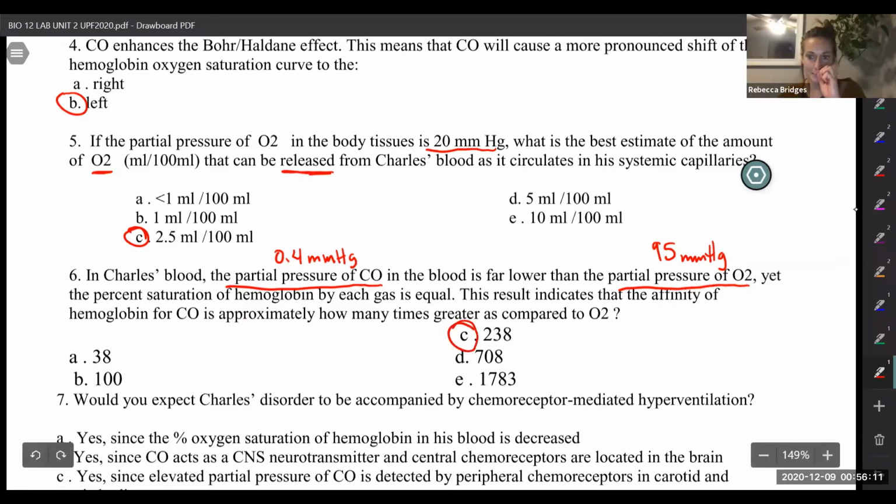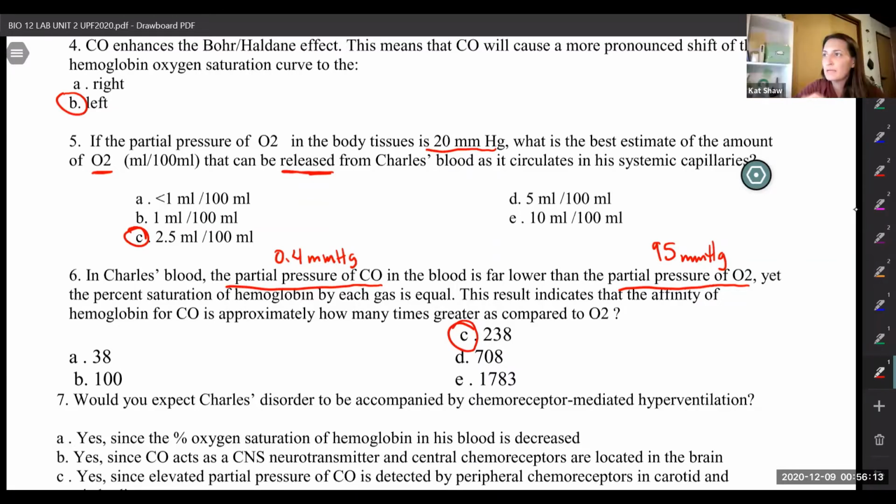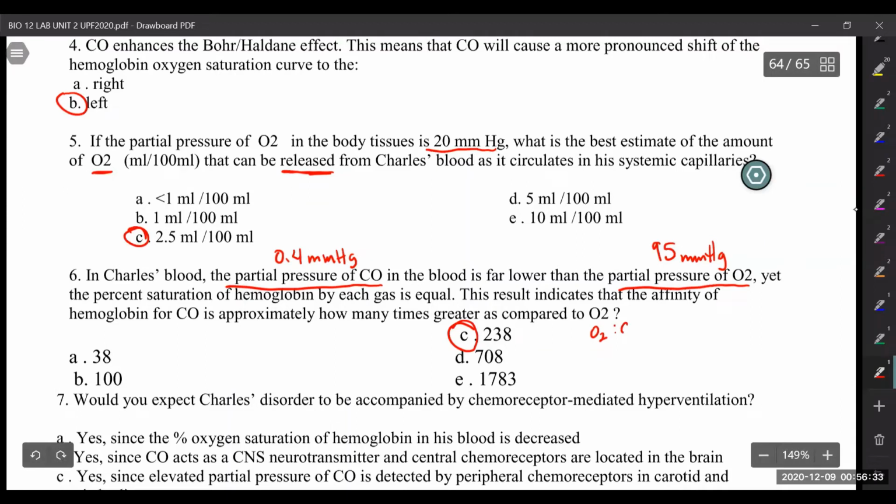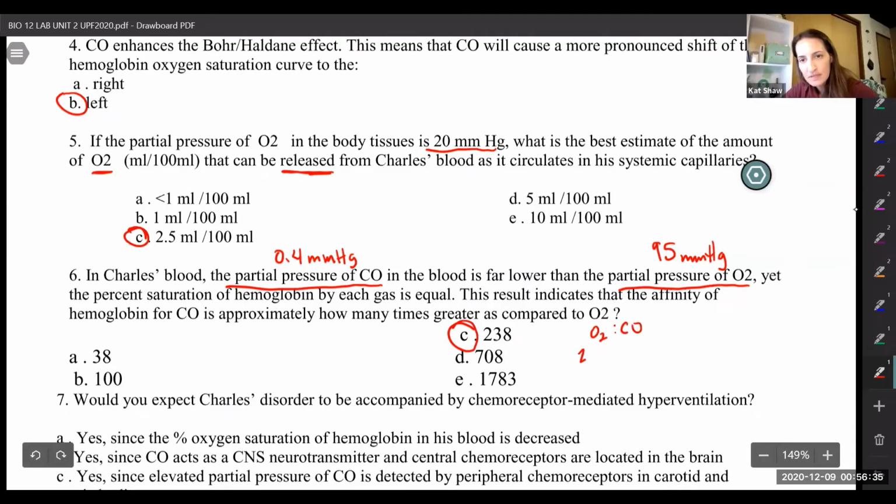238. 238, right? And Becky says over here that you're dividing your partial pressure for oxygen by the partial pressure for CO. We want the ratio between them so that we can determine the difference. So in the lecture, I believe we talked about the fact that O2 compared to CO was this ratio here.